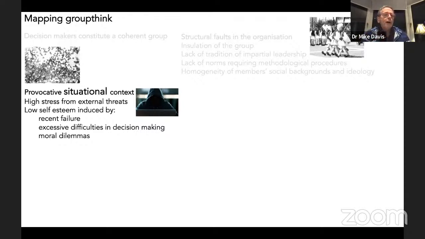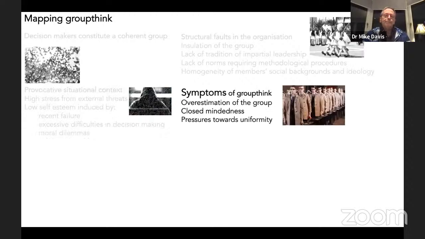So those sorts of high stress situations that emerge from external threats to the functioning of a group also have the capacity to encourage people to think of quick, easy to agree with solutions.